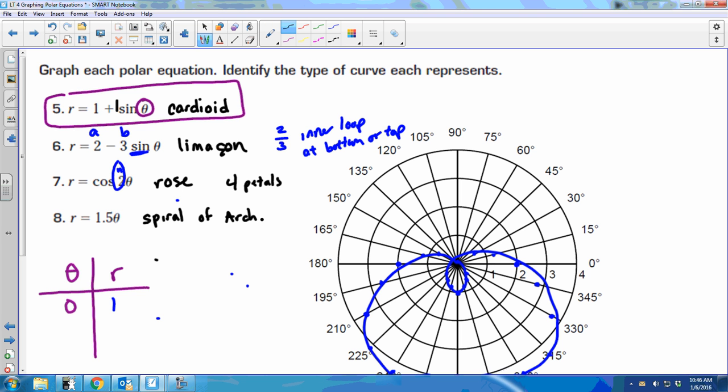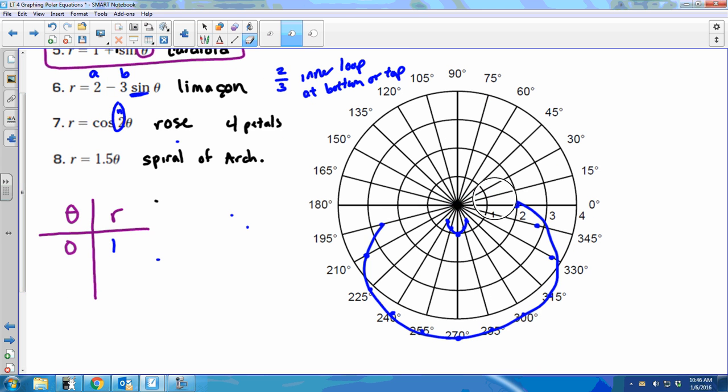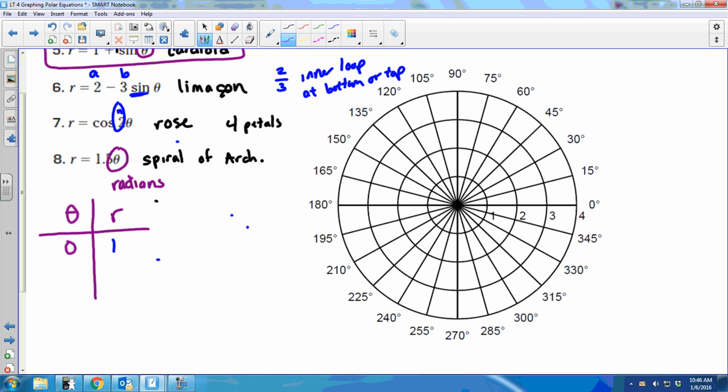All right, on the last one, I do want to do this one. It won't take us long at all. For the spirals, your theta has to be in radians. Has to be in radians. That's kind of a problem since the angles I gave you are in degrees, so I have to change some things. What I would do is look at your unit circle really quickly and change all the degrees to radians, because they're already on the unit circle for the most part.